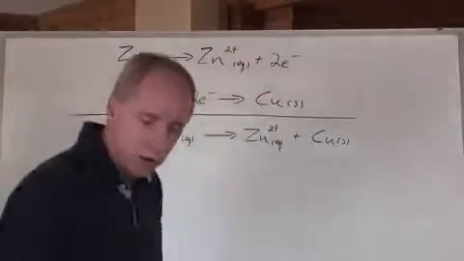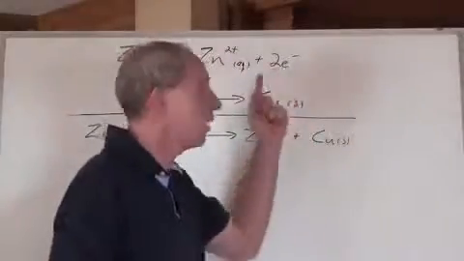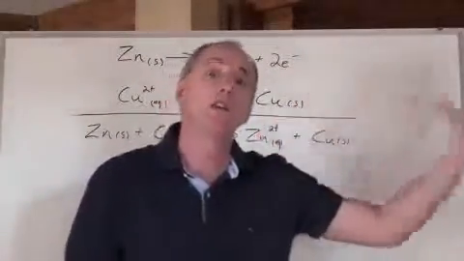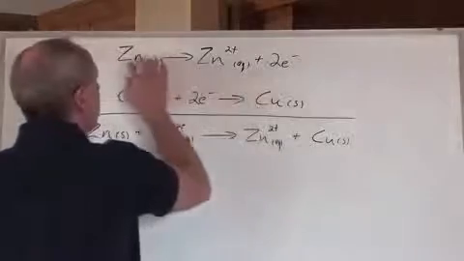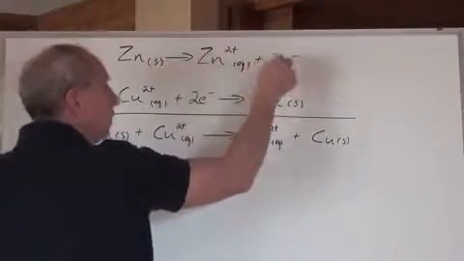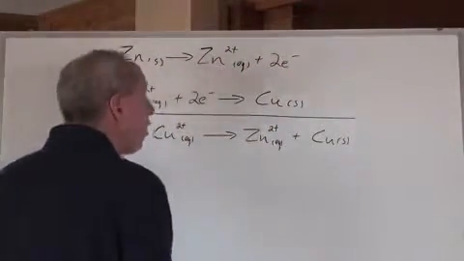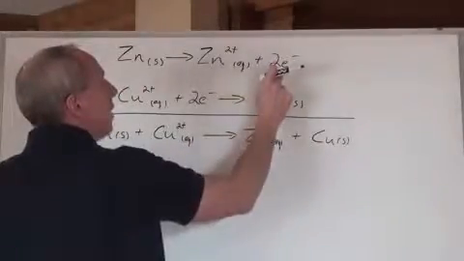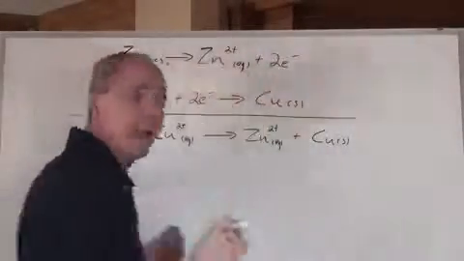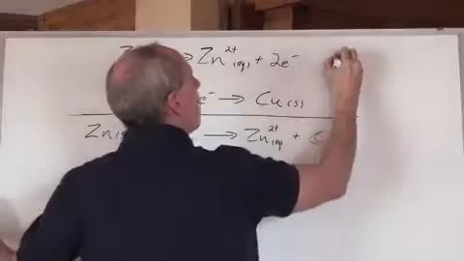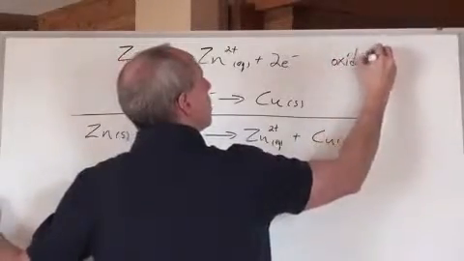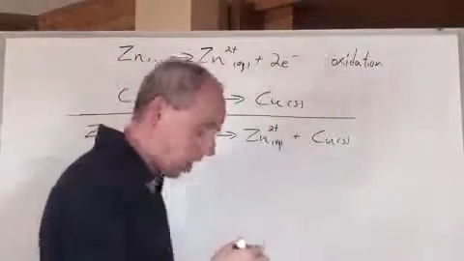And when we say lose electrons, that means electrons are written on the product side because they're being produced, they're being lost. Okay, so zinc is turning into Zn2 positive, losing 2 electrons, and when the electrons are written on the right-hand side, electrons being lost in a half reaction, we call that oxidation. You're being oxidized.